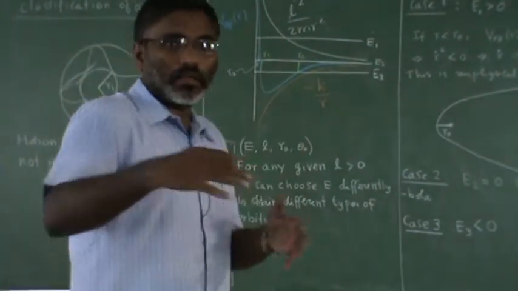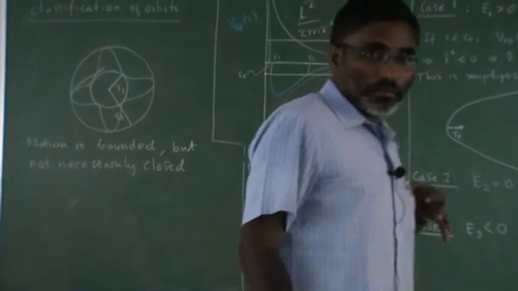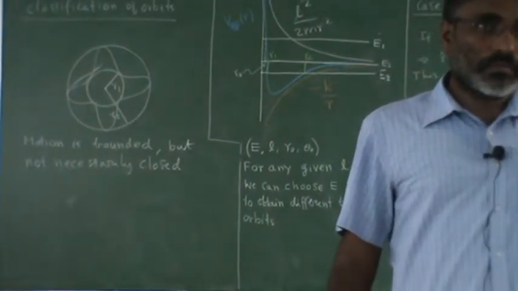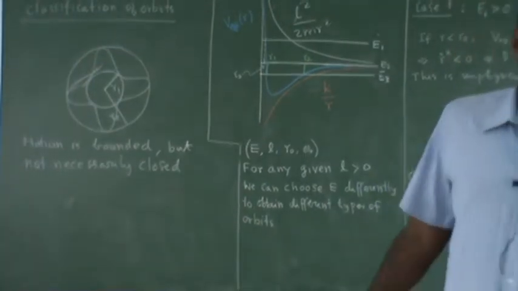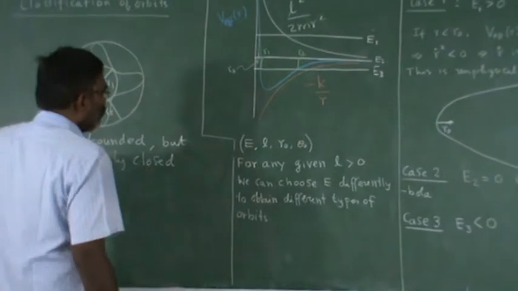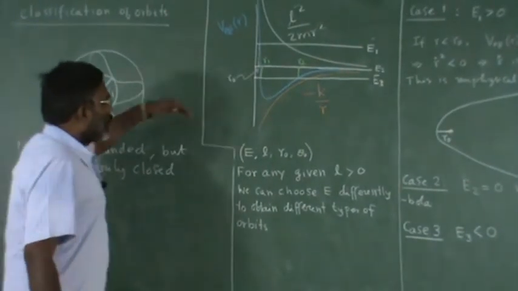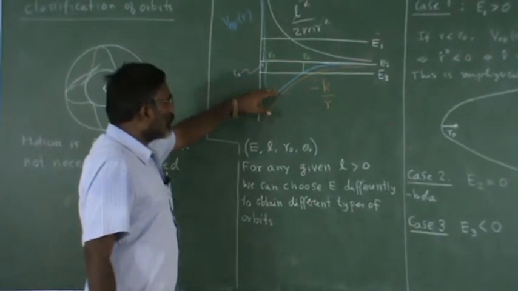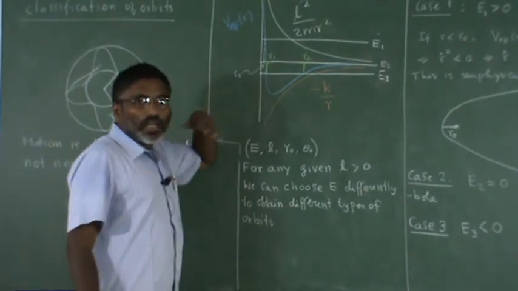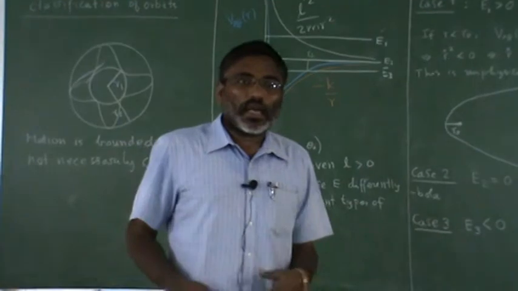But sir, I read that for the inverse square law, gravity must be a conic. This may not be conic. Oh, not necessarily. See, inverse square law is a special case. Right now I have drawn the inverse square law potential, but the conclusions are general for a large class of potentials.